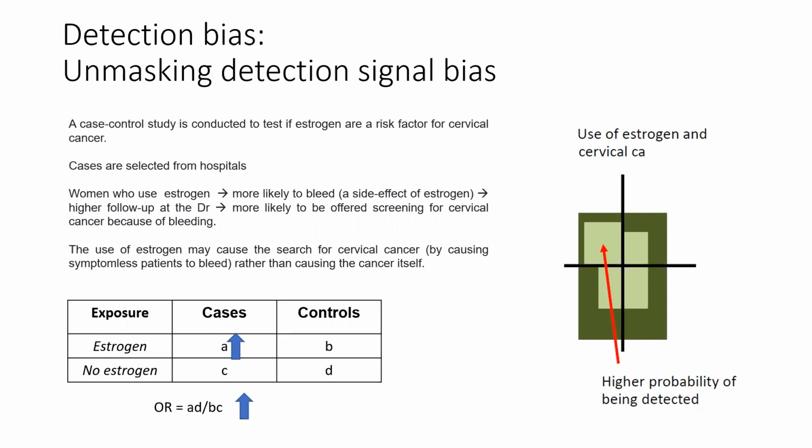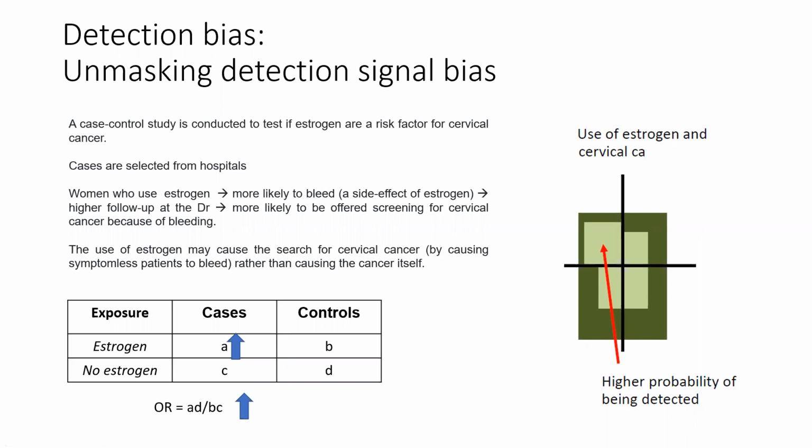The problem is the exposure: people with estrogen are going to be higher in your sample. So it's not about adjusting for screening. It's that people with estrogen have a higher likelihood of being diagnosed because they have bleeding, and not because it's a cause. So you cannot adjust for estrogen because it's your exposure.